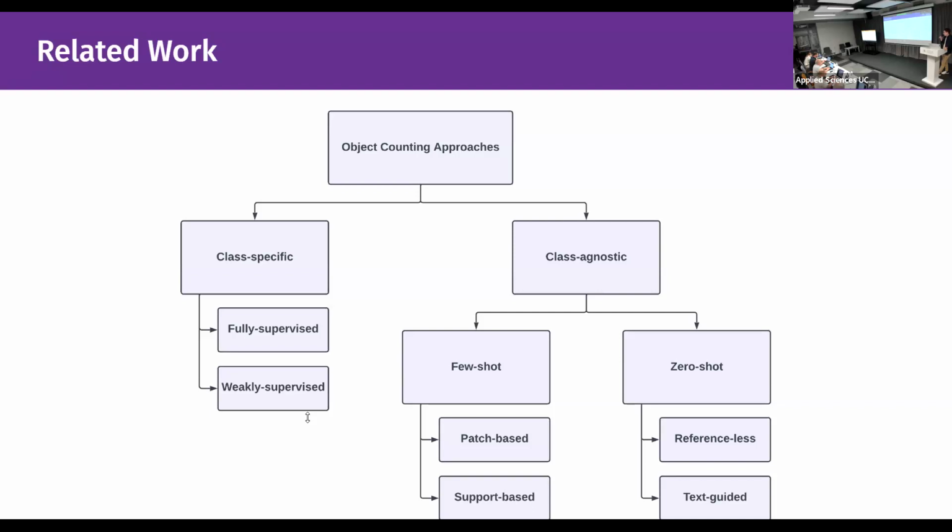Weakly supervised methods reduce the amount of annotation needed, but they still need to be trained for each new object class. Class-agnostic methods, on the other hand, allow us to count arbitrary objects, even if they were not present during training. And class-agnostic approaches are divided into few-shot and zero-shot.